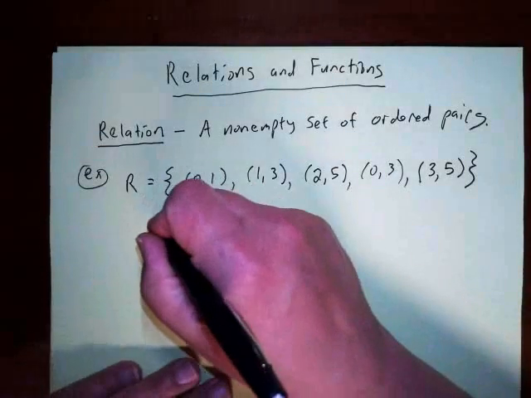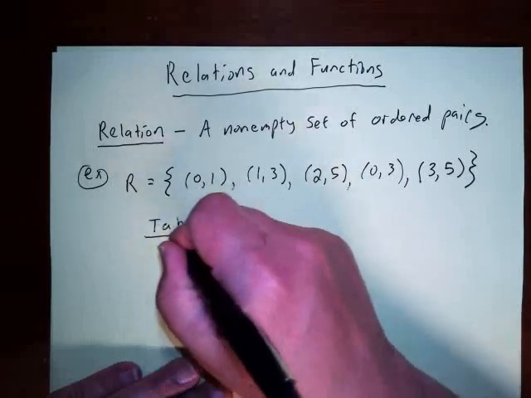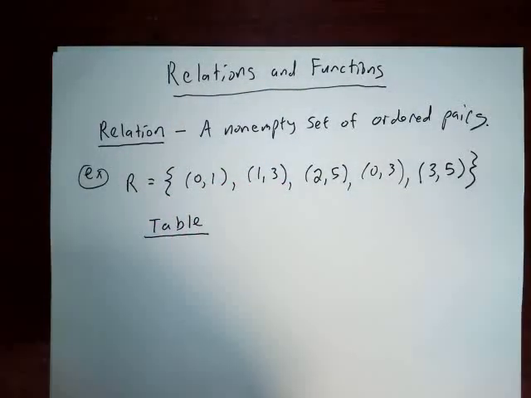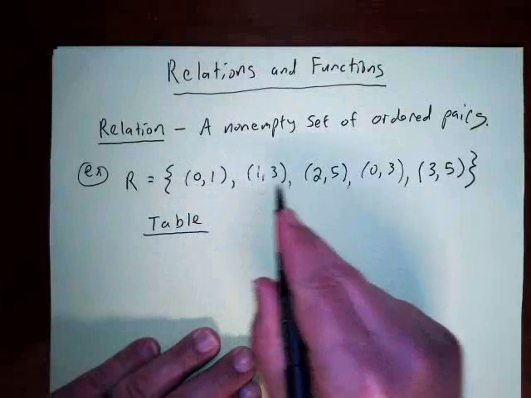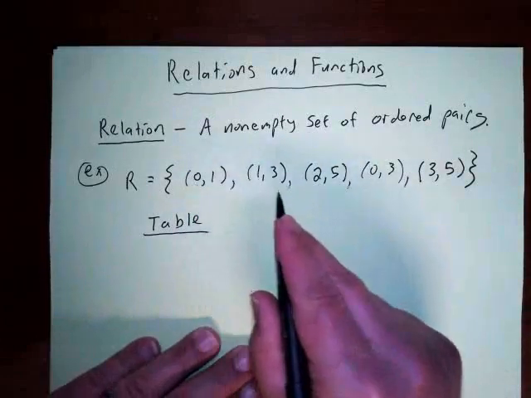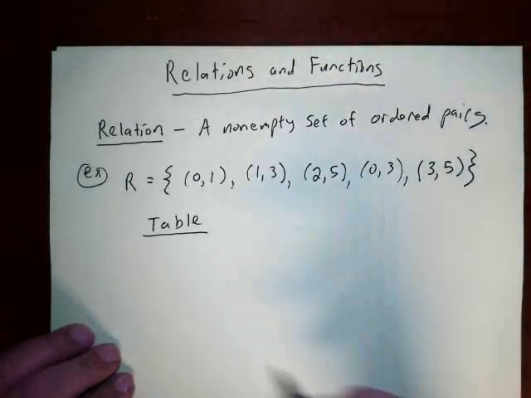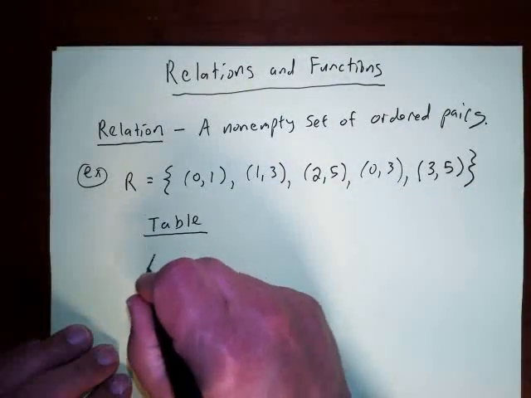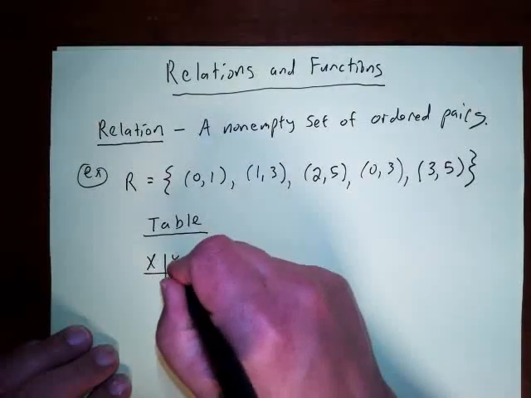So another way is by using a table. This is much more common. When we work with it, we're almost always going to be working with real numbers, and we're going to be looking at graphs of relations and functions. And so we're going to be thinking of this first coordinate as the x-coordinate and the second coordinate as the y-coordinate, just like in algebra when you graph things. The table for this relation would be the following.